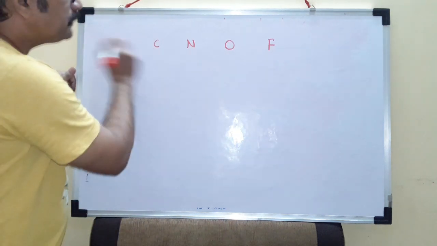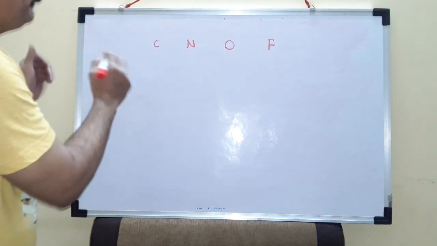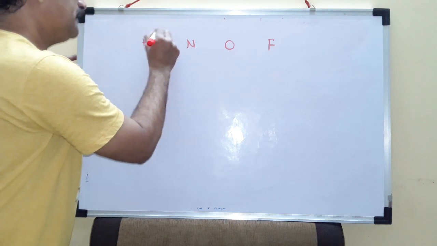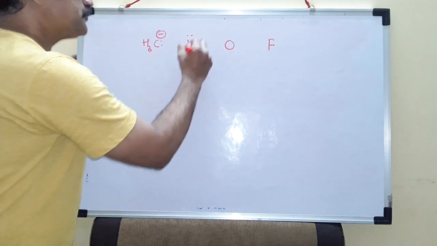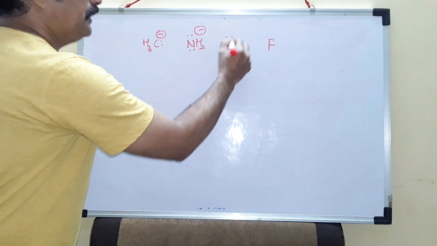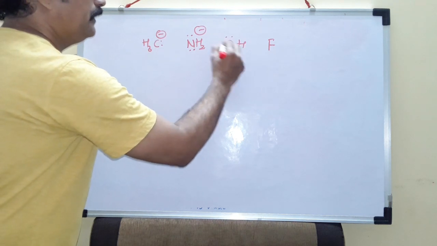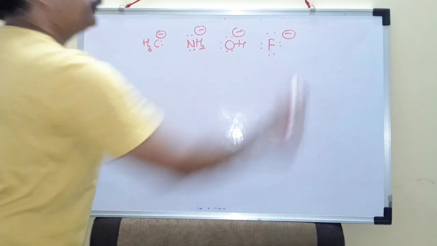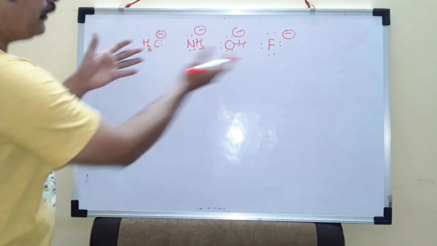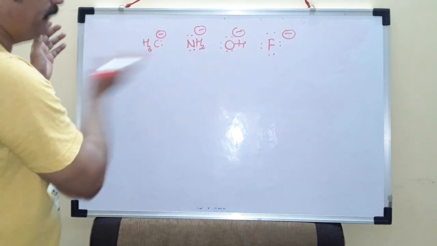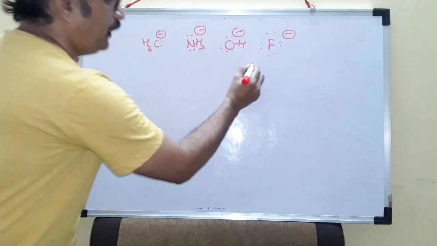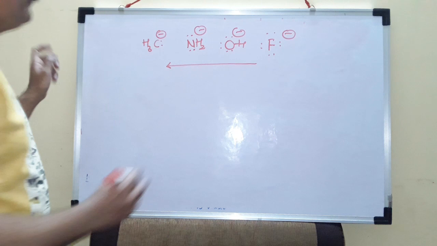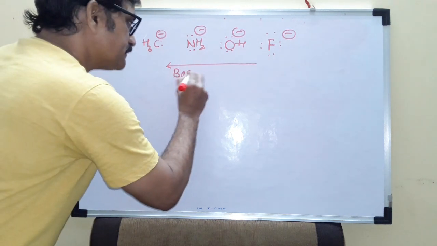I'll write the nucleophiles or bases, one species each: CH3-, NH2-, OH-, and the fluoride ion with 4 lone pairs, negative. These are all second row elements of the periodic table. And all of you know that as we move from right to left, basicity increases.